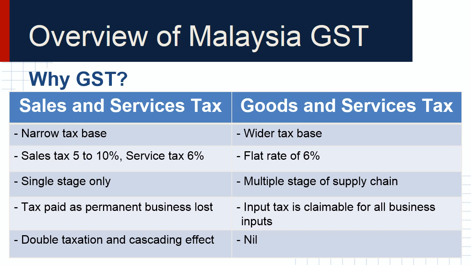Other than that, the sales tax and service tax mechanism has a weakness known as the cascading effect, whereby double taxation happens pretty often in the hotel industry. When you consume at a hotel, you are paying service tax and indirectly paying sales tax at the same time. I will cover a further illustration of this weakness in the next module.